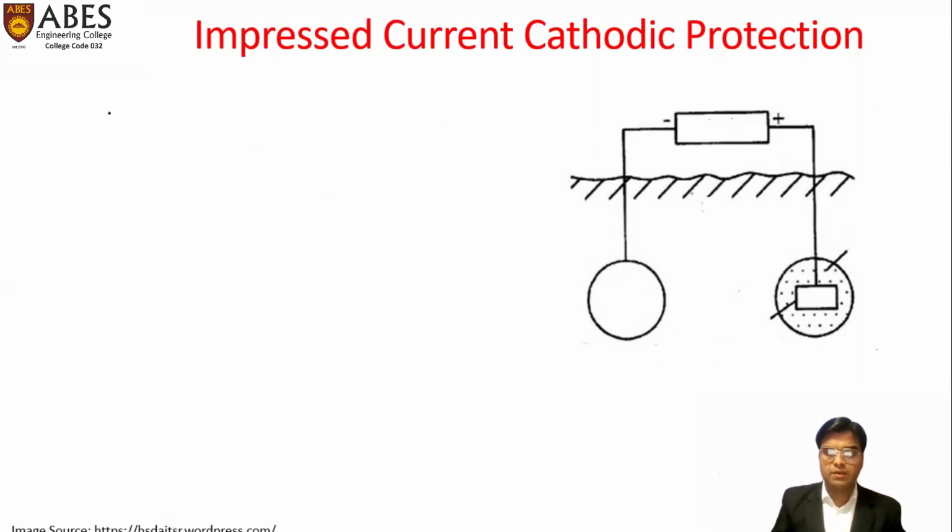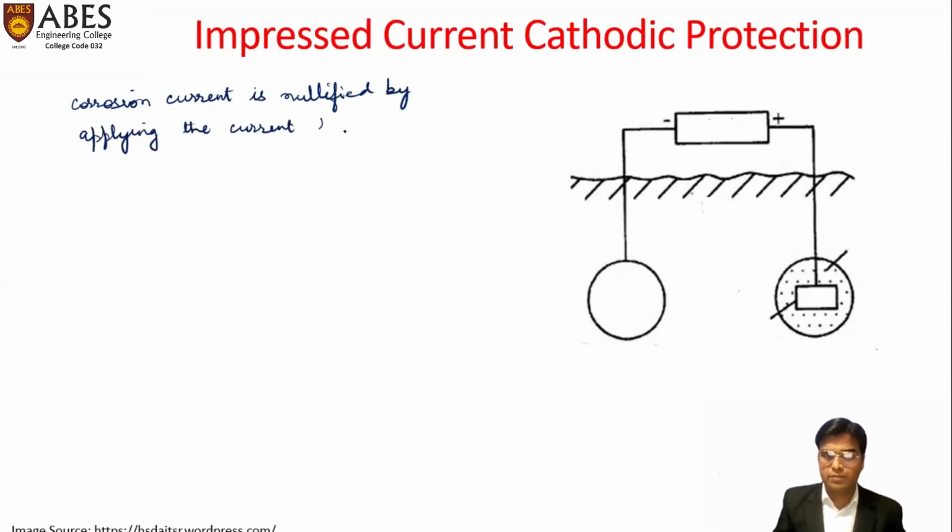So here we can summarize it as the corrosion current is nullified by applying the current from an external source in the opposite direction.